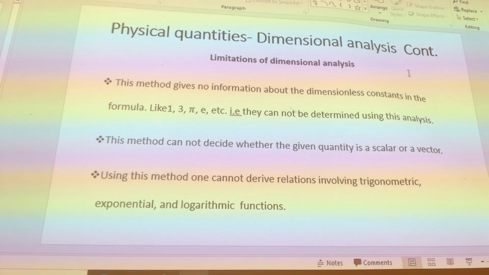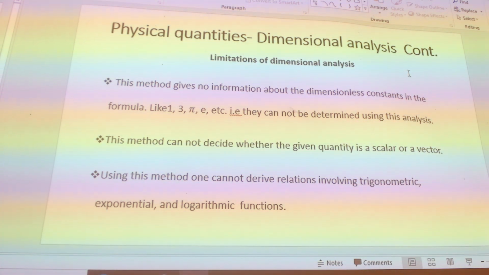After going through the uses of dimension, what are their limitations? Because most of these theories have their limitations. One limitation of dimensional analysis is that this method gives no information about the dimensionless constants in a formula, like 1, 2, 3.